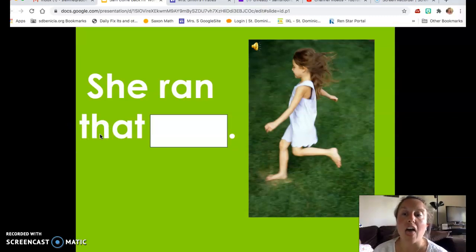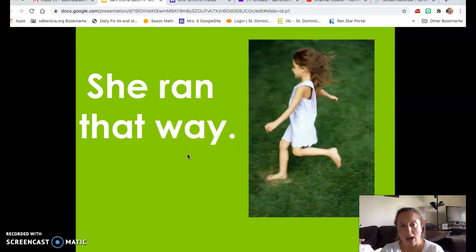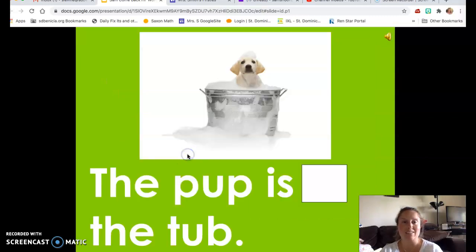Th. You'll notice that my tongue is actually sticking out. When I pronounce this sound without making it exaggerated, it's just th. But you can still see it. It's important that that's the sound you are creating. She ran that in, or she ran that way. Way is correct.